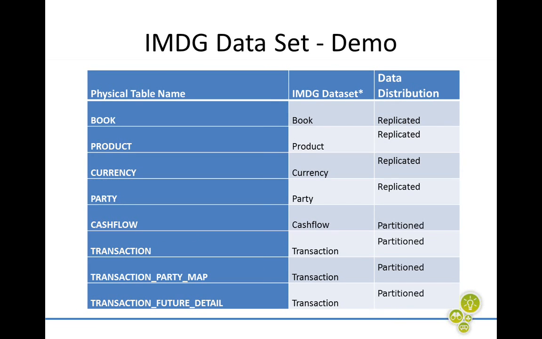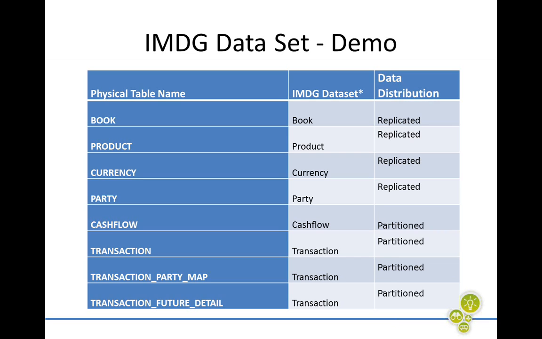This is how the information is stored. The very first column talks about the physical data table name. The second column talks about how this information got stored in the IMDG dataset. Different products call it regions, caches, or spaces. Every product has a different nomenclature for it, but we're just calling it IMDG dataset.